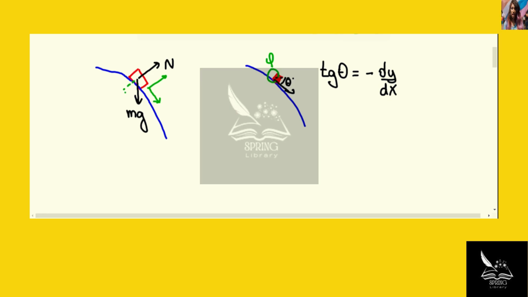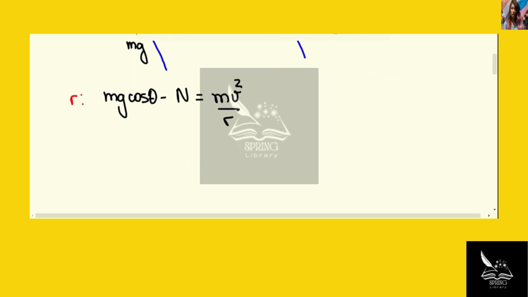I'm sorry for that. So it should be at this angle here. Now everything is correct. Now in the r direction, we find mg times cosine of theta minus the normal force is equal to m times the centripetal acceleration, that's v squared over r. And in the theta direction, we have mg times sine of theta is equal to m times the tangential acceleration, at.